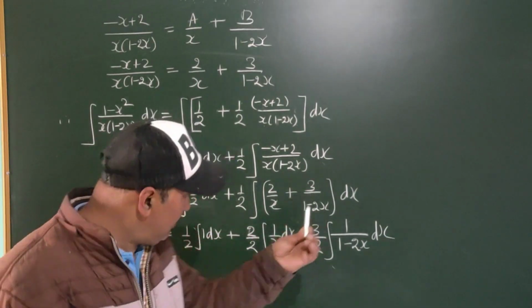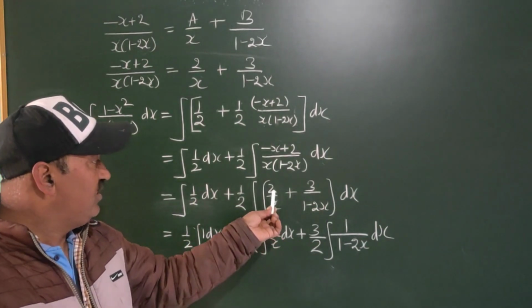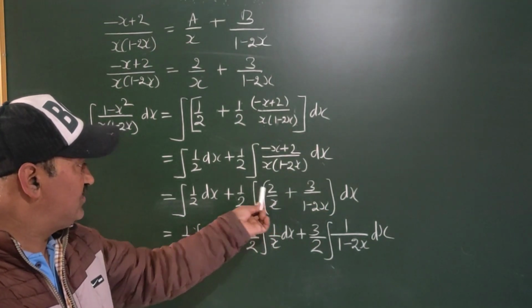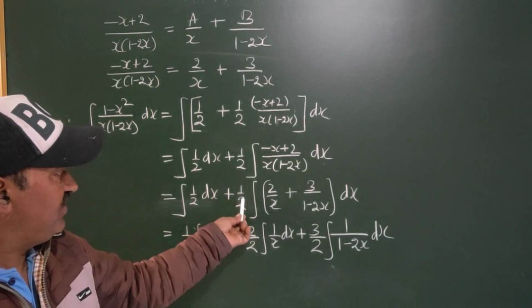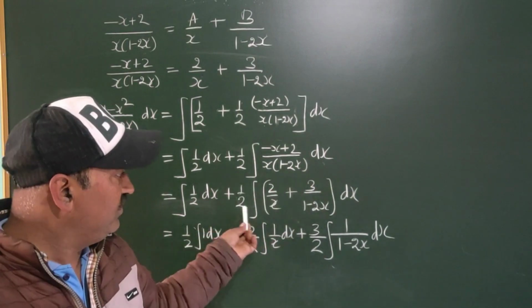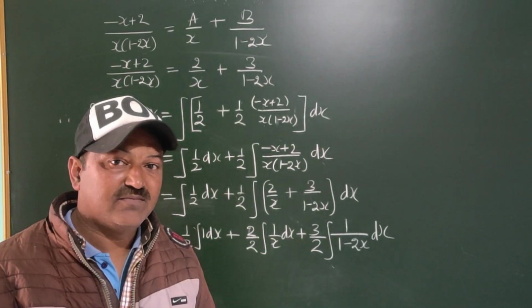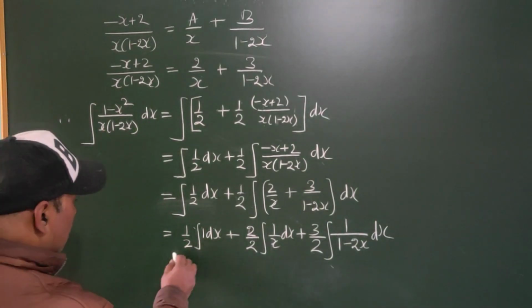Now taking the separate integrations, 1/2 into the integration of 2/x dx, that becomes 2 outside, and similarly 1/2 into 3/(1 - 2x), that becomes 3/2 into the integration of 1/(1 - 2x) dx.